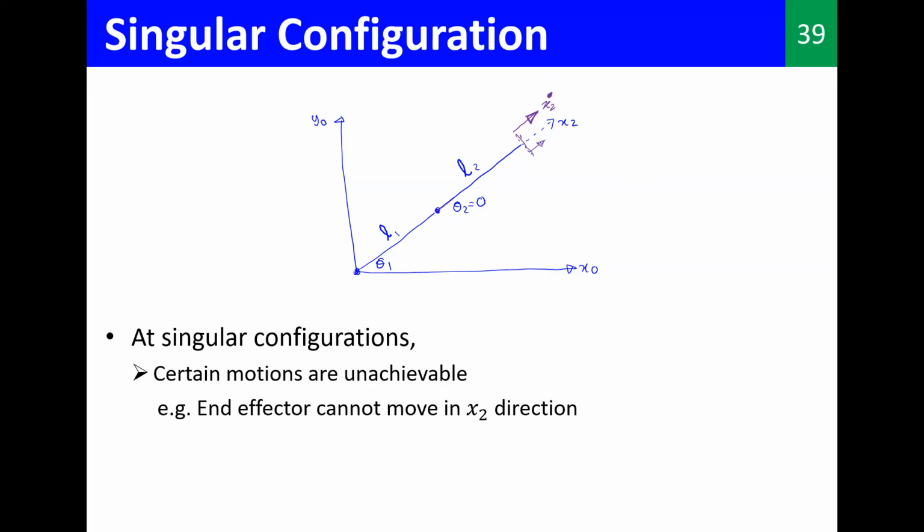That means we are unable to calculate the motor velocities, or it is like infinite, to achieve a motion in this direction. So certain motions are unachievable at these kinds of singular configurations.